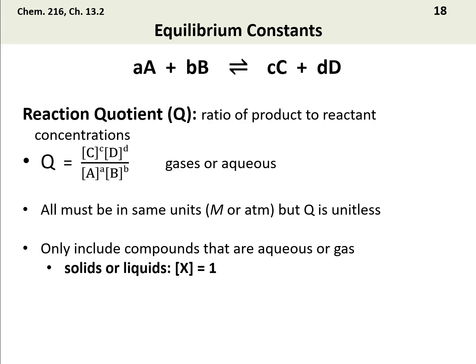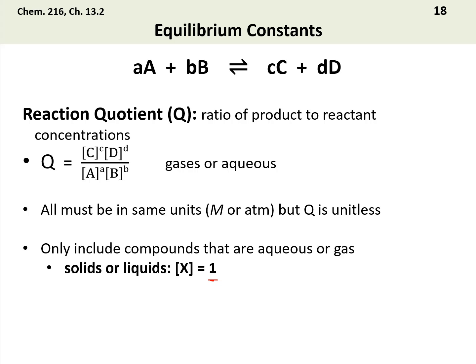Okay, there's one last thing for reaction quotients, and this is a big one. If you have any solids or liquids, they are not in the reaction quotient. In their place, we give a 1. The reason for this is, remember, concentration is the moles of one compound over liters of the total. Well, solids are pure. They have no concentration.